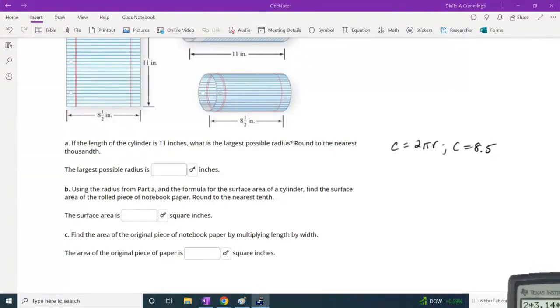So I'm going to set this up as an equation and solve it for r. I'm going to substitute 8.5 for c. So 8.5 is equal to 2 times pi times r. The opposite of multiplying r by 2 pi is to divide by 2 pi. So I'm going to divide both sides by 2 pi. So I get r is equal to 8.5 divided by 2 pi.